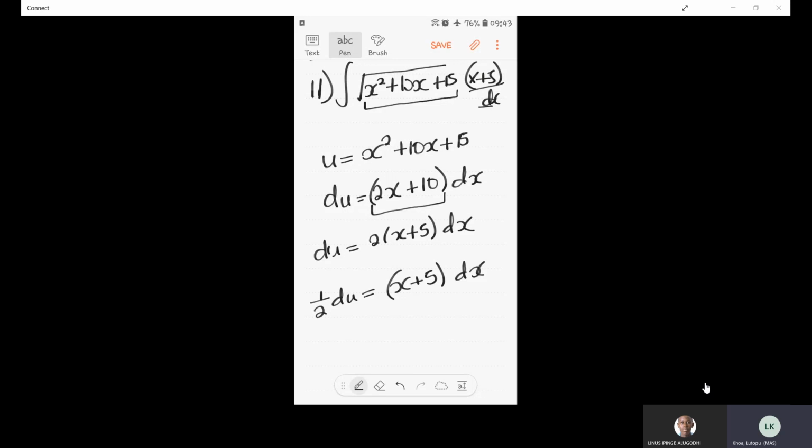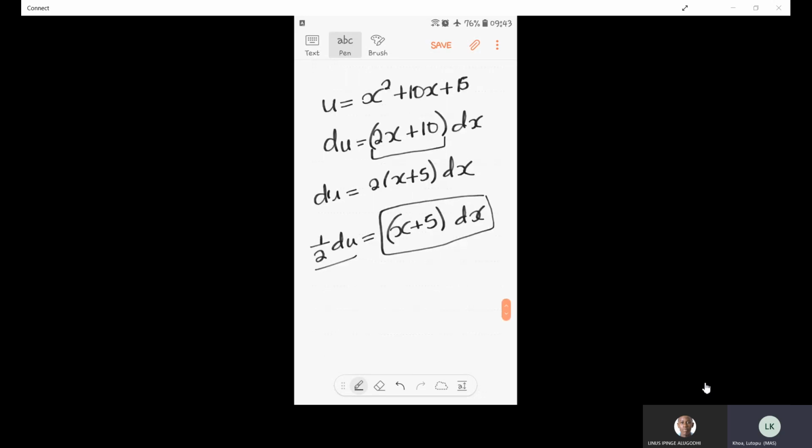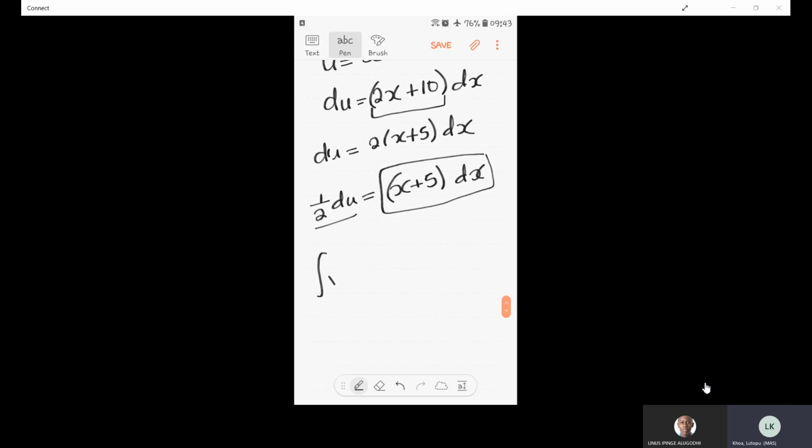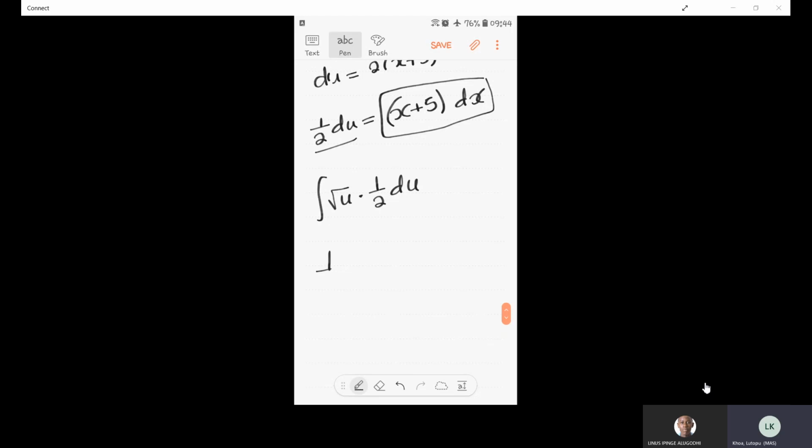Okay, now that I have that, I can substitute this x plus 5 dx and replace it with half du. And I will have the square root of u times half du. Okay, so this is a simple one to integrate. The half can go out, so I have half the integral of u to the power of half du.